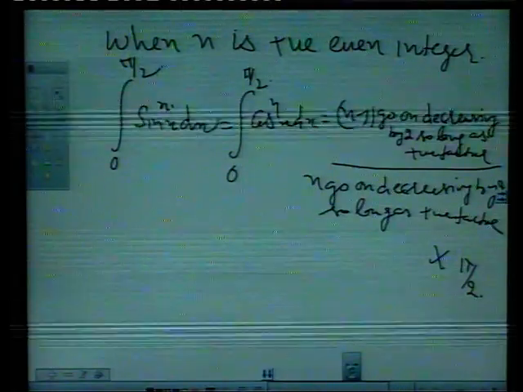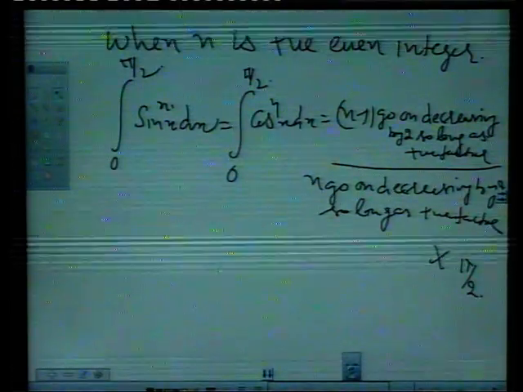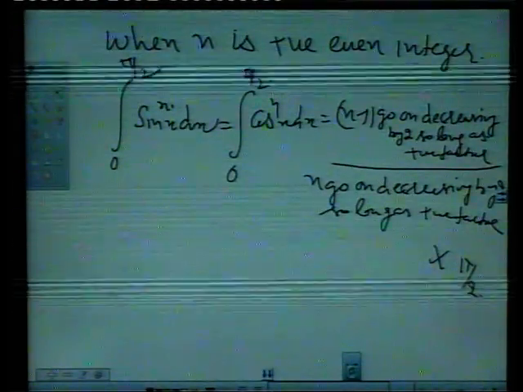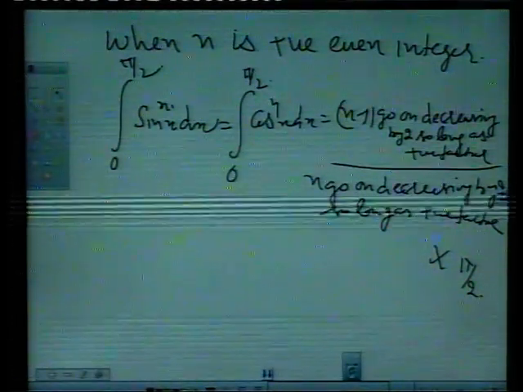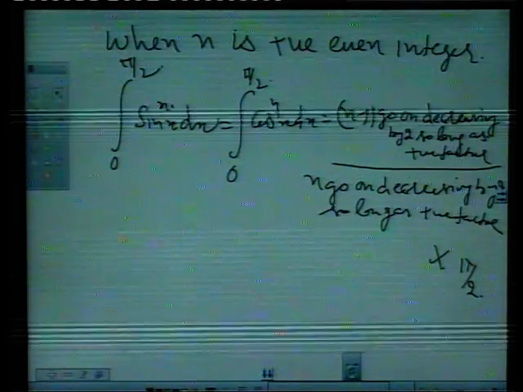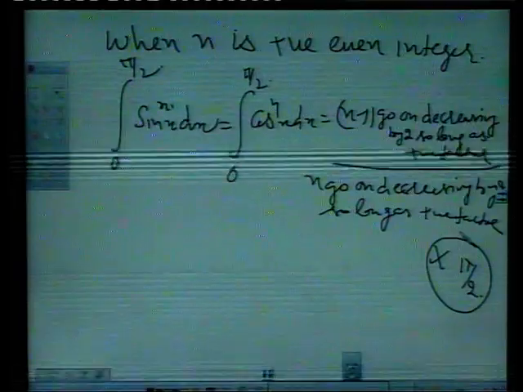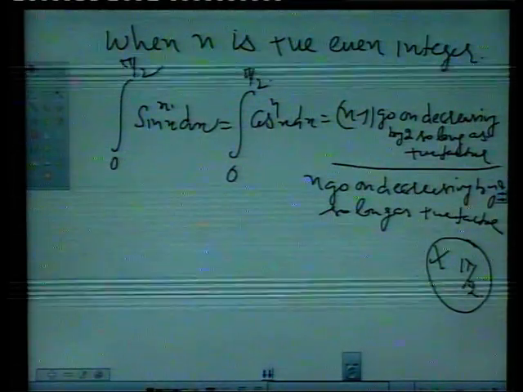So, in case n is a positive even integer, the formula is different. In that case the difference is only multiplication by pi by 2.